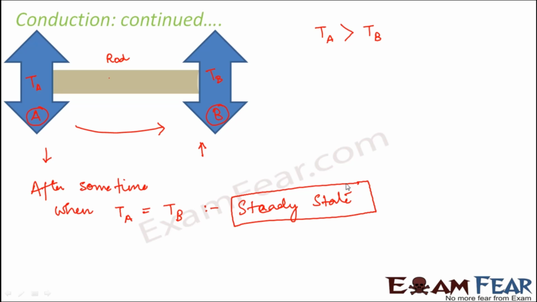So in this stable state, do you think that there is a temperature difference? There is no temperature difference. So as soon as this steady state is reached, where both are at the same temperature, there will be no conduction taking place, because heat transfer will take place only when there is a temperature difference between the two objects. So this is how the concept of conduction works.